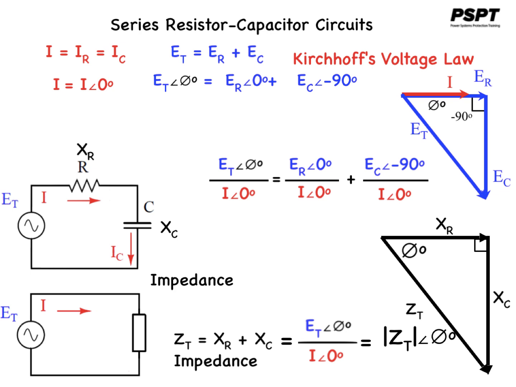So the angles should all be the same. It's just the magnitudes that are different. So the triangle formed by XR, XC, and ZT is definitely proportional to the voltage triangle.